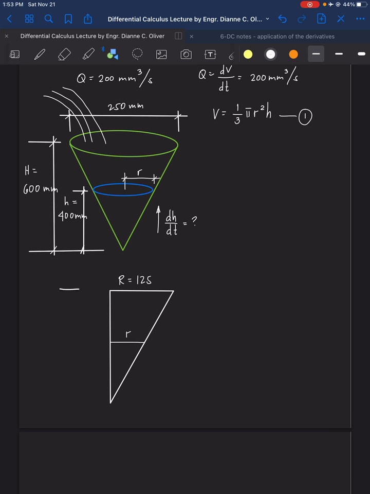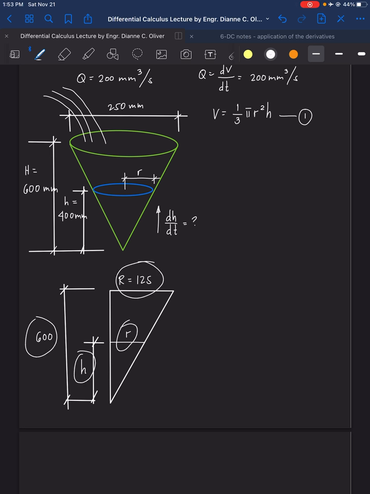Then you have here the height of the big and small triangles. So this is 600 mm and this is h. We are using constants and variables here. The variables r and h, the constants 125 and 600.